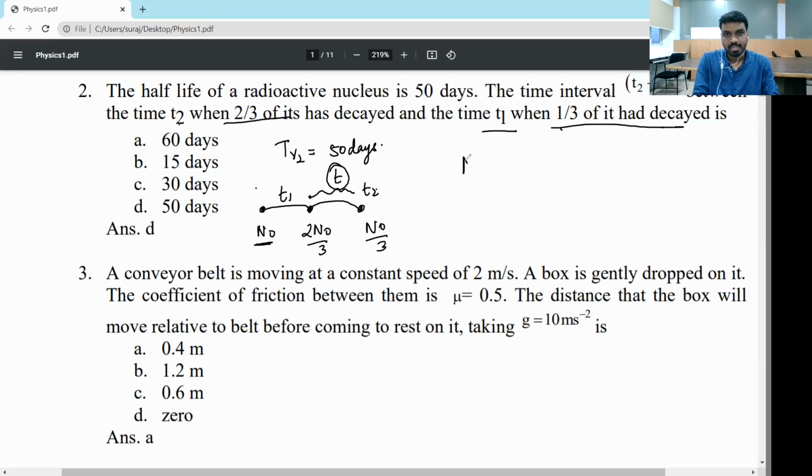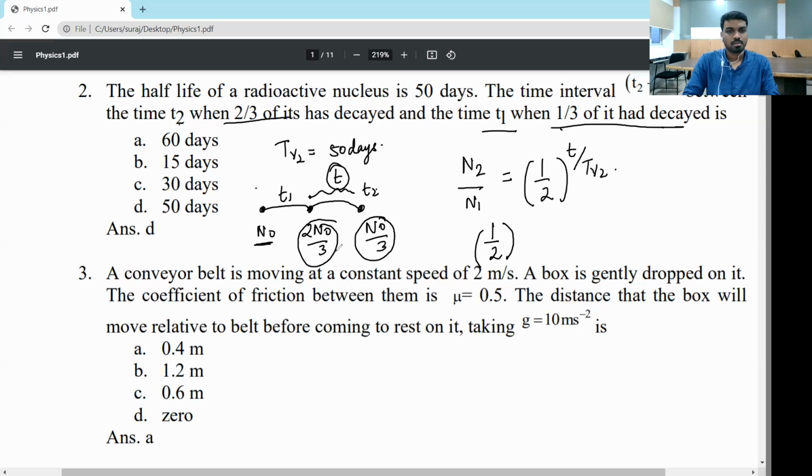So there is one formula. What is it? N2 by N1 equals 1/2 power T by T half. Here N2 is N0 by 3, N1 is 2 N0 by 3. Clear? This should be equal to N2 by N1.